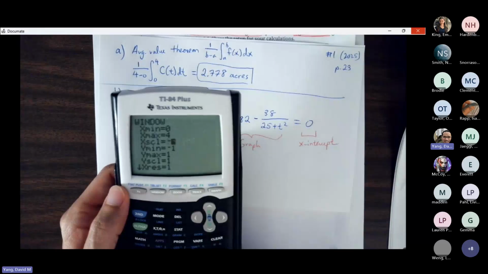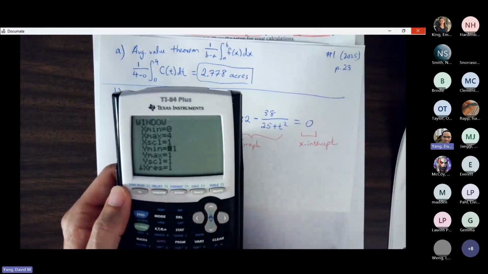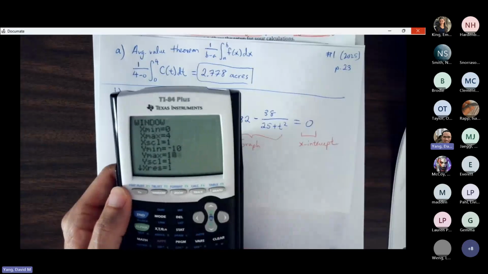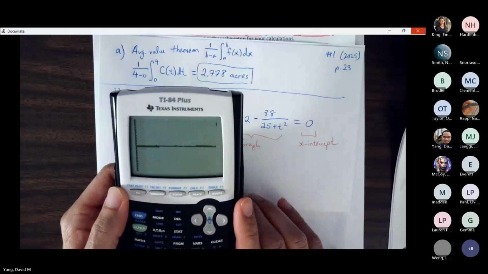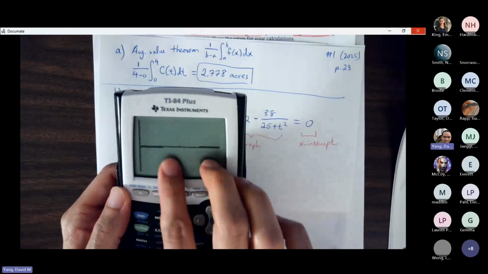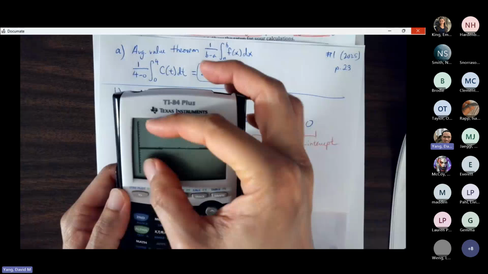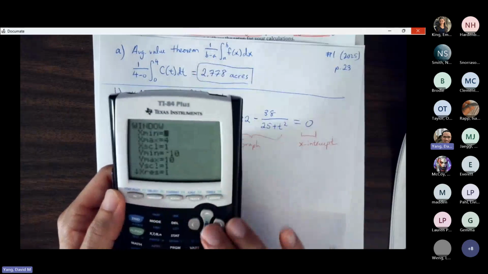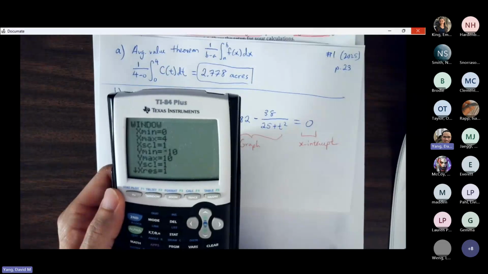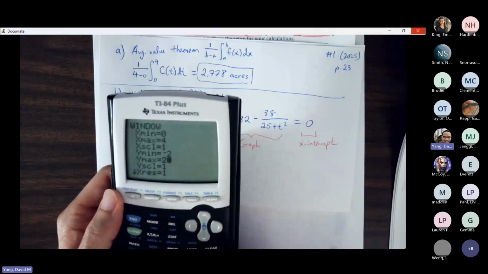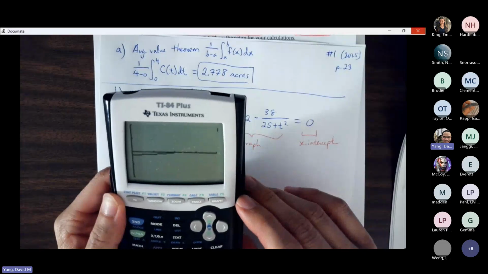And let me just go from -10. Oh, my scale, I don't want to change that. My Y min, Y max, I'll go from -10 to 10. So I see an x-intercept there, but it's kind of hard to see. So I'm going to make my y values shrink a little bit. So let me go from, let's say, -2 to 2. Let's see if that will get my graph to have an easier time showing me.